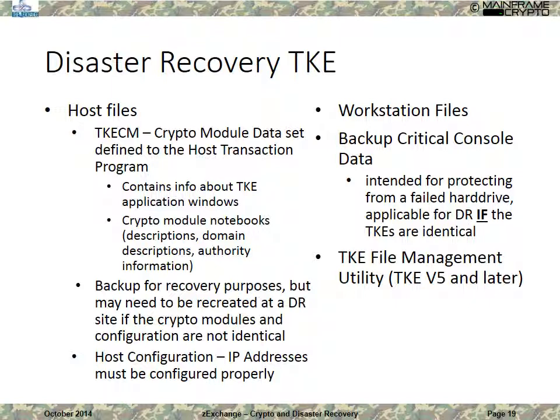There's a DD card in that started task that points to a crypto module data set. That crypto module data set has information about the CAC hardware environment, the cards, the slots, and the levels and all. So when you dump your production environment, you're going to dump that crypto module data set. That's going to get carried to your DR site.